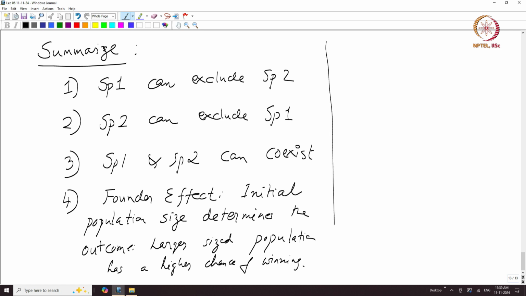So, that is a summary of the Lotka-Volterra competition model. Once again I encourage all the students to work out the conditions for each of them and make biological interpretations of what these mean, and let me again reiterate one subtle point.